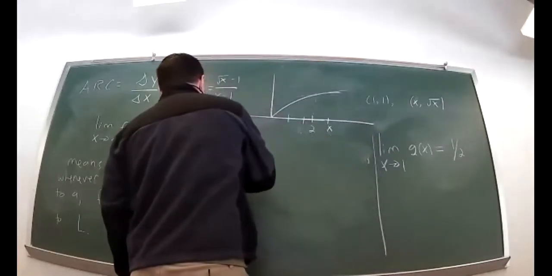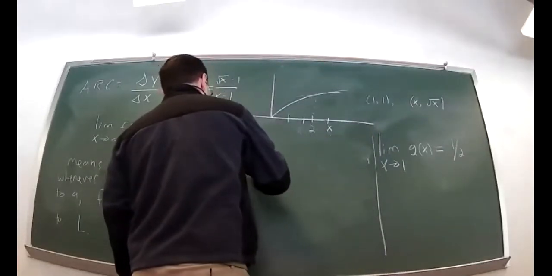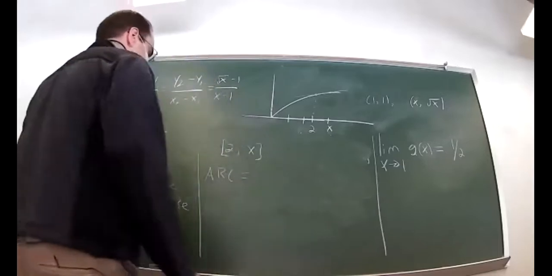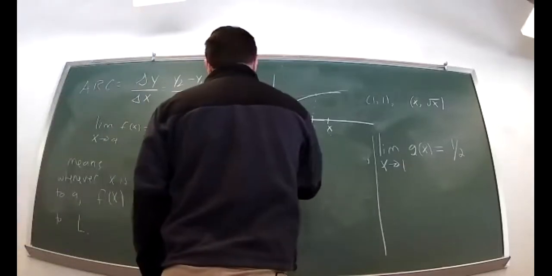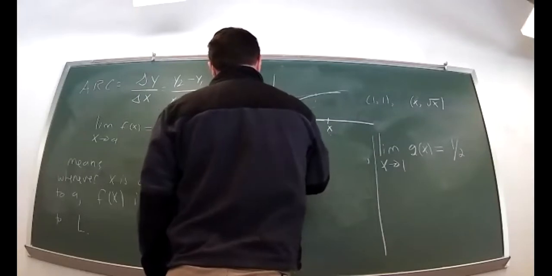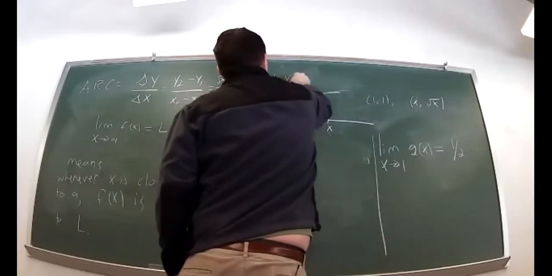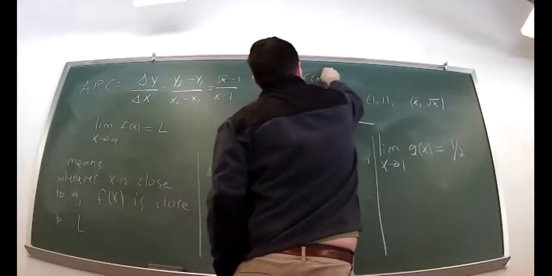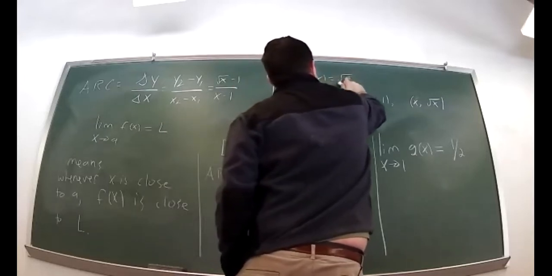And so first of all, we would need to look up for ourselves what's actually the average rate of change. It's the change in y values, delta y over delta x. So y equals f of x equals square root of x.